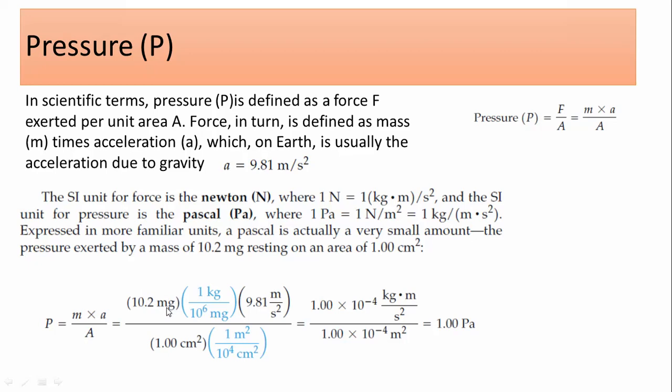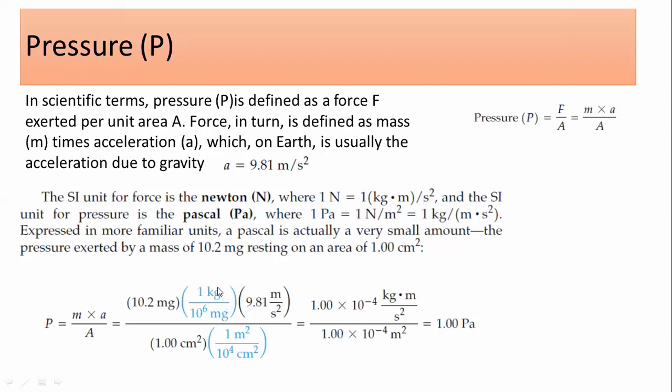So this is the one conversion. 1 kilogram will be equal to 10 exponent 6 milligram, or you can use two conversions. Let's suppose one conversion is 1 gram equal to 1000 milligram, and 1 kilogram will be equal to 1000 gram. So that means 1000 multiplied by 1000, 1 kilogram will be equal to 10 exponent 6 milligram.